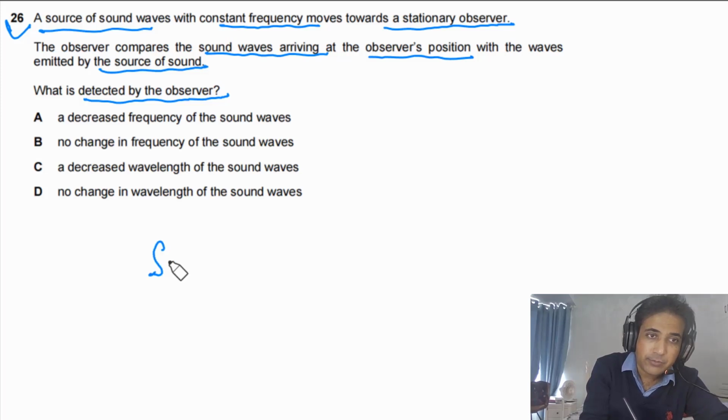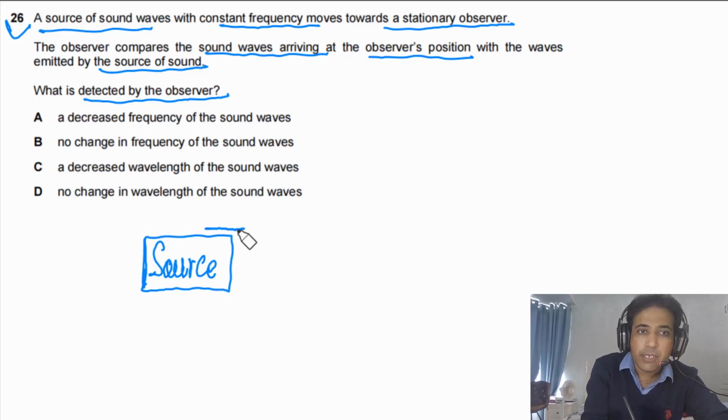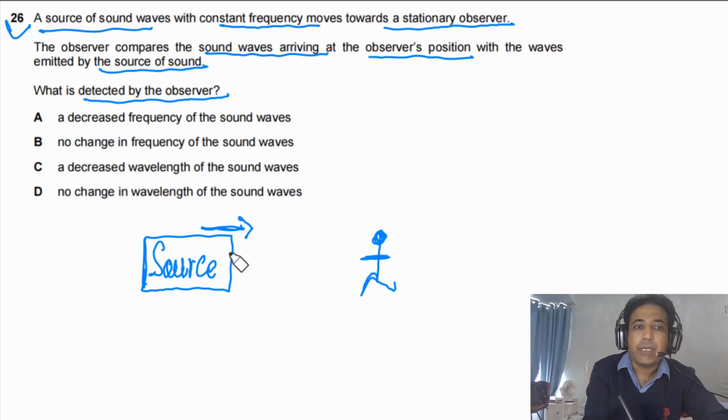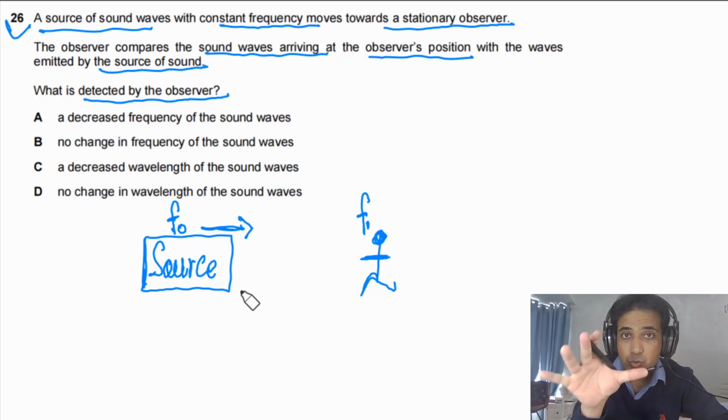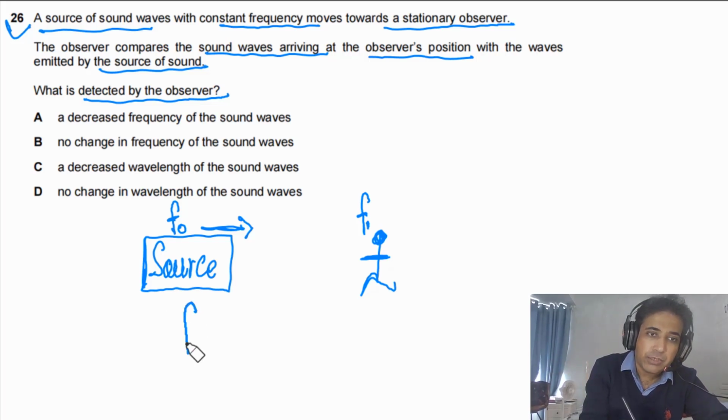So we can simply imagine, first of all, we have source. So this is source of sound waves, and this is approaching observer. We can just imagine observer is standing here. Let's say the frequency of sound emitted by this source is f0 and frequency observed by this observer is f1. As in this case, source is approaching, so f1 has to be greater than f0.